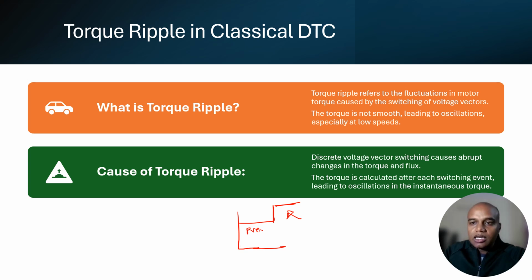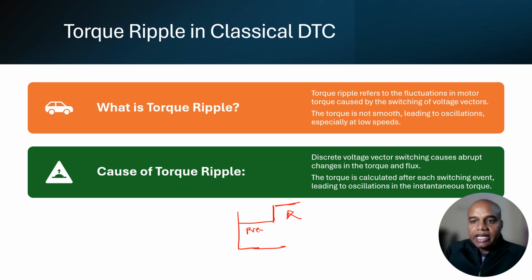In DTC control, it uses a lookup table, which we have just seen, to select the discrete voltage vectors, V1, V2, V3 up to V6, based on the torque and flux error created by the comparator. That error goes into the hysteresis controller, and accordingly the discrete vector is chosen by the lookup table.